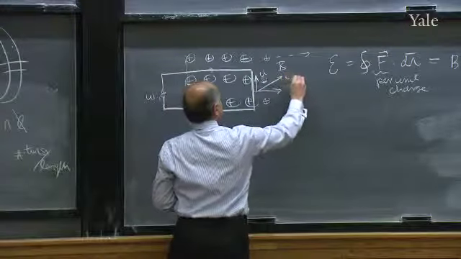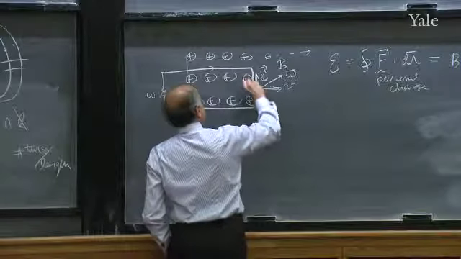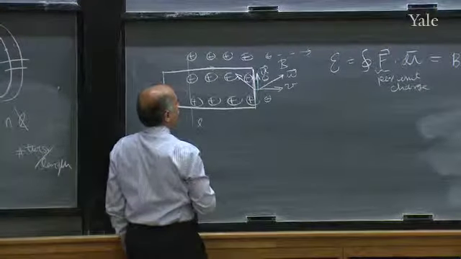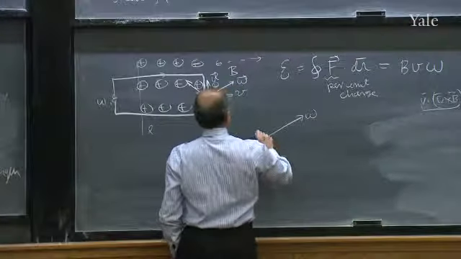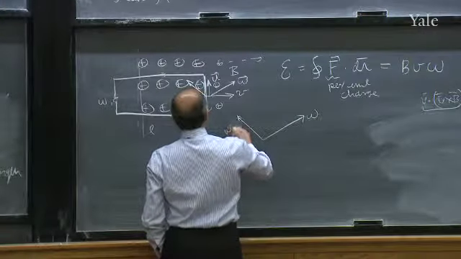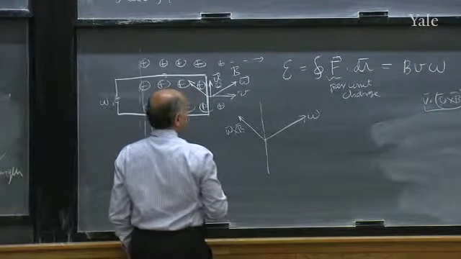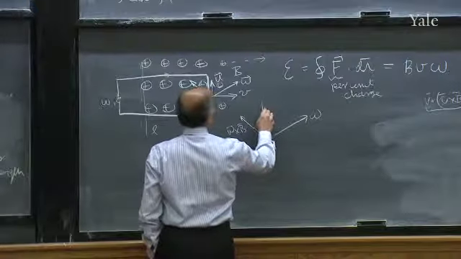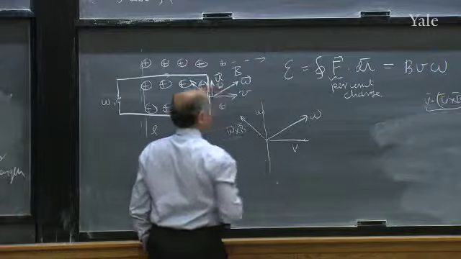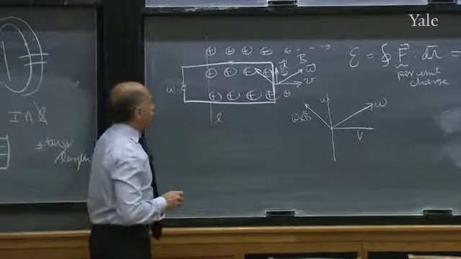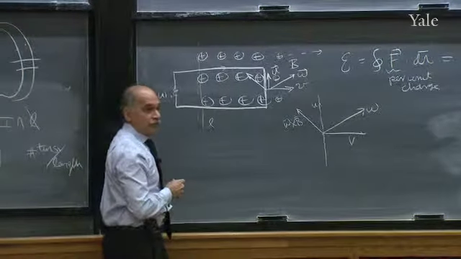W, if you like, is the true velocity, and W cross B is perpendicular to W. So let me draw the picture for you. W is made up of two parts. It's got a part V here, it's got a part U here. So the magnetic force is not just along the wire, it's really at this strange angle.